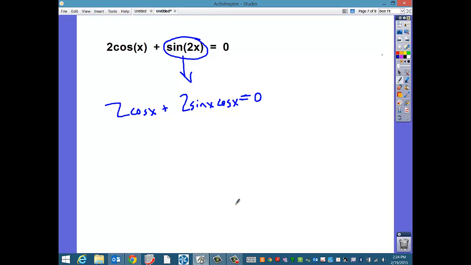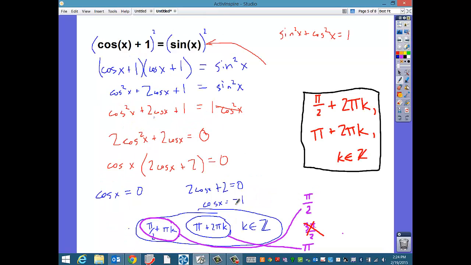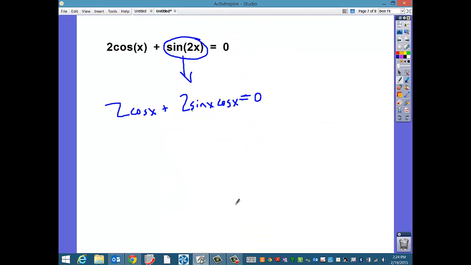Well, if you were paying attention, and I know you were, for this one and for this one, at this stage of the game, then you'll probably have some idea what we need to do here, and that is to factor out the factors that these two terms clearly have in common, which is 2 cosine x.